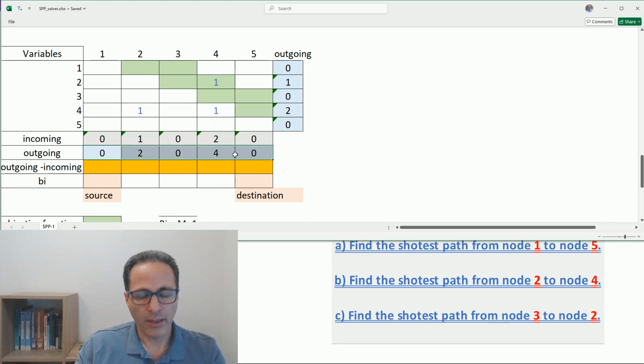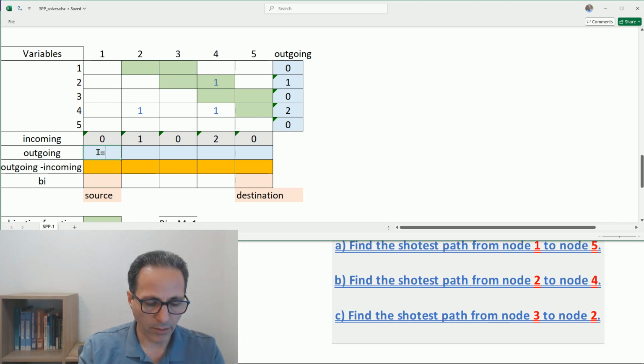Now I delete this one, and you can see that in a case like this, if I have a row vector or column vector and I want to convert it to a row vector, we know that we can find the transpose of that matrix or column vector. So you need to write transpose of this column.